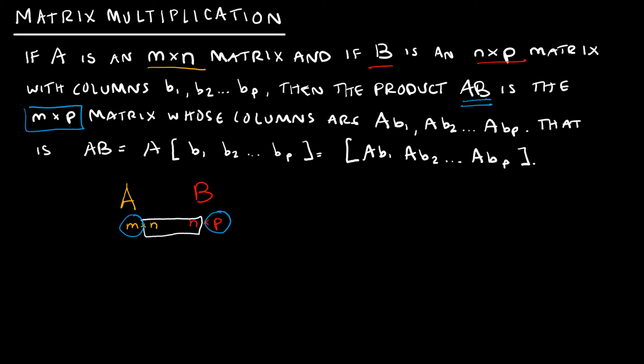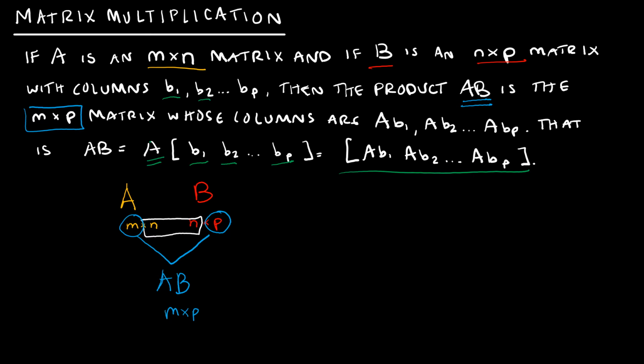The other thing I want to point out, and this will be much more clear once we do an example together in just a moment, is that essentially I'm taking A, which is a matrix, and multiplying it by the columns of B. B, however big or small, is made up of columns, which are kind of like vectors, and I'm taking A times each of those vectors, and that is going to be my result.